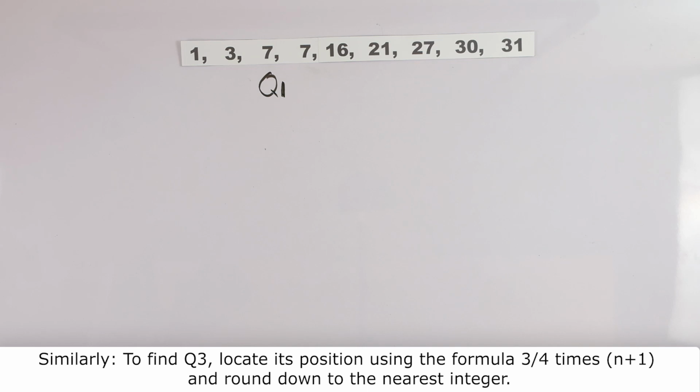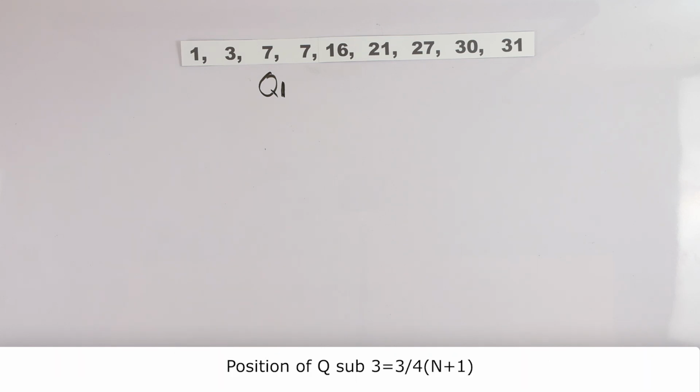Similarly, to find quartile 3, locate its position using the formula 3/4 times the quantity of n plus 1 and round down to the nearest integer. With the same set of data, 1, 3, 7, 7, 16, 21, 27, 30, and 31, we are going to find the position of quartile 3.